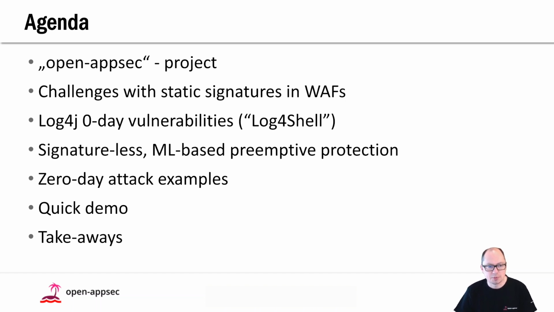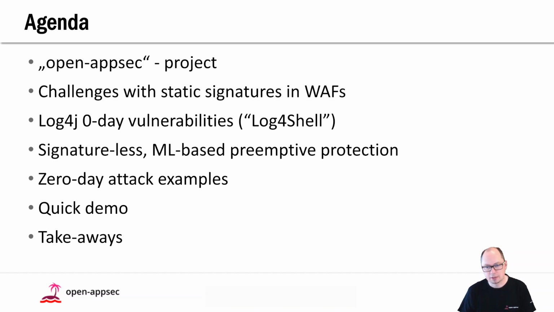We will then look at specific zero-day attack examples, again based on the Log4j attack series, and see what happens in the contextual machine learning engine of open-appsec when those are fed as requests into the engine to be analyzed, and how the actual verdict is taken by the engine.